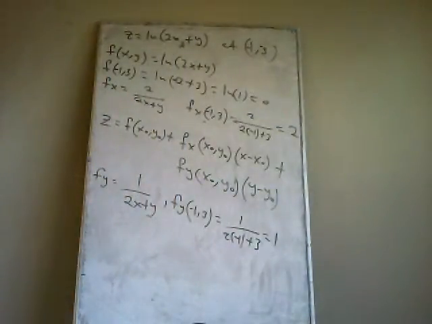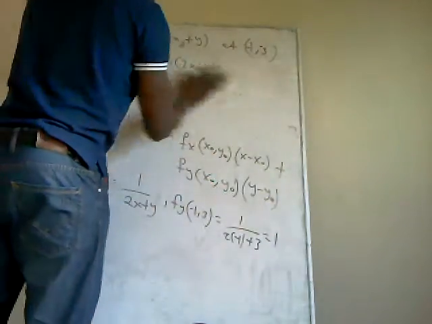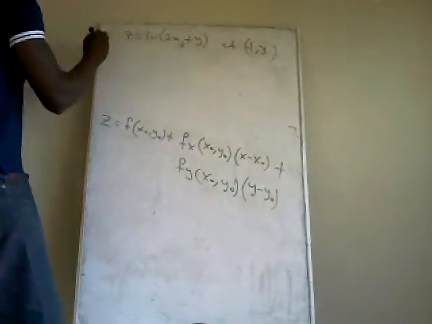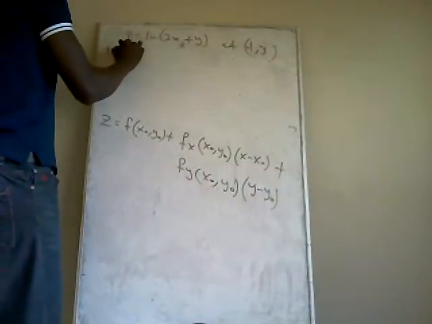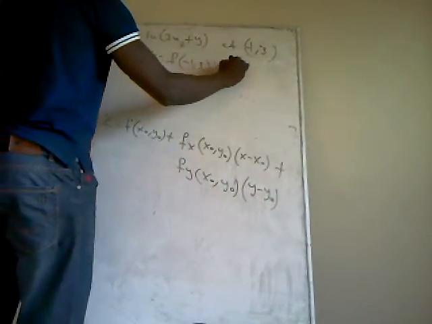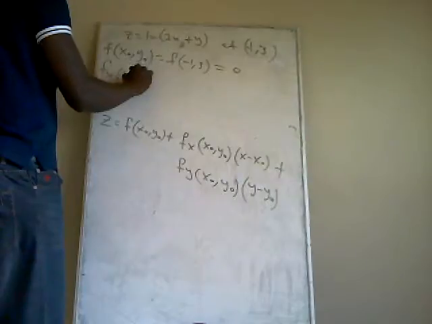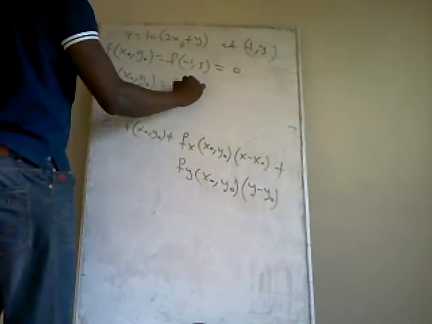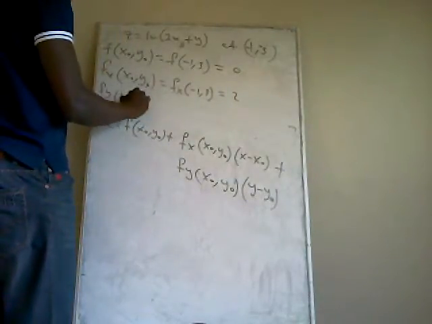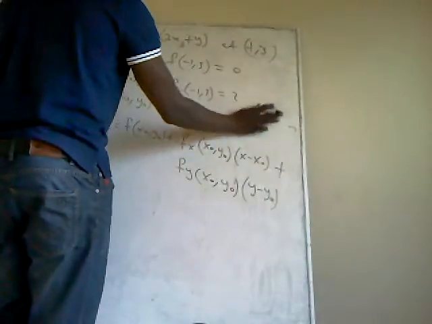So clearly, I can write my equation. Let me summarize all what I've done here. f at x naught, y naught, which is f at -1, 3, I have 0. fx at -1, 3, I have 2. And fy at -1, 3, I had 1.